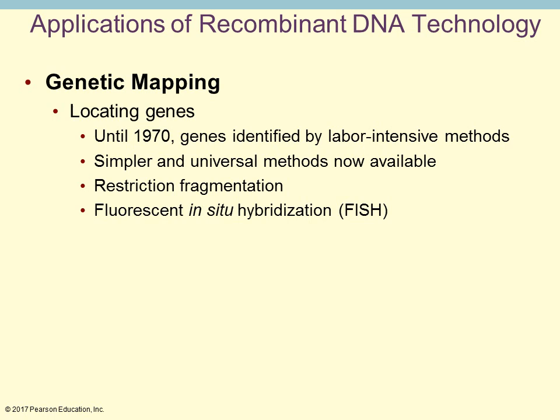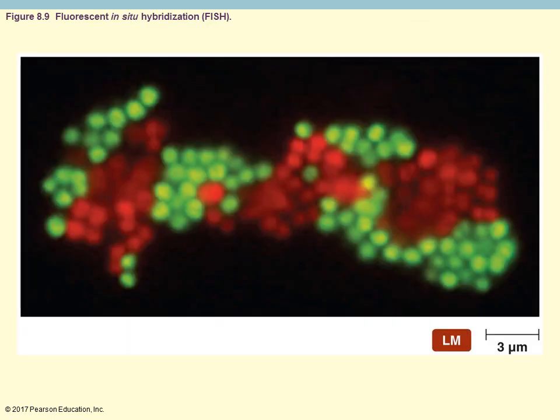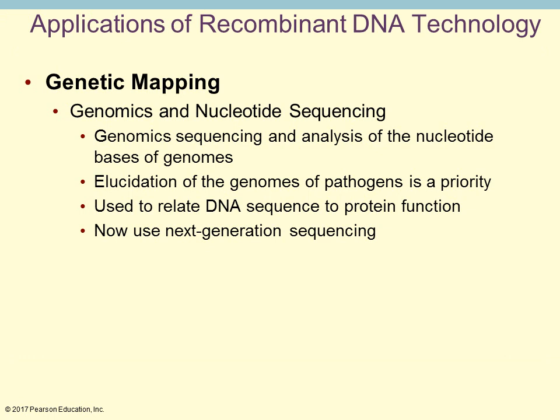There are universal methods used now. It's much easier to do since they found restriction enzymes, and they often use what's known as fluorescent in situ hybridization. So as you can see, they use fluorescent dyes, which give you an idea where various things, various genes, are located.